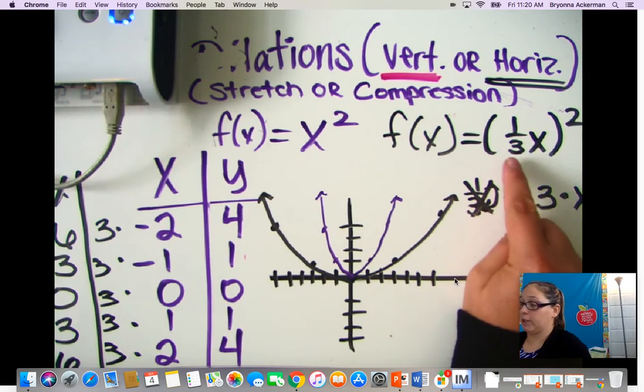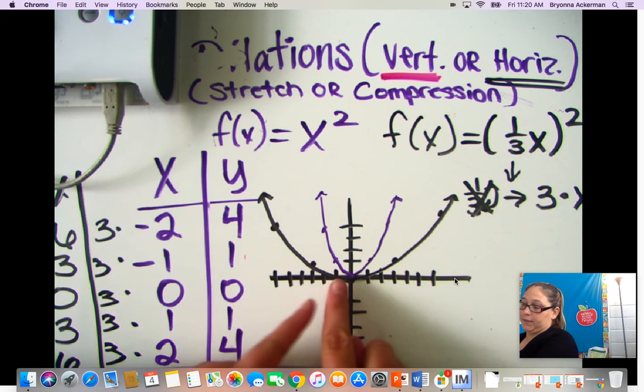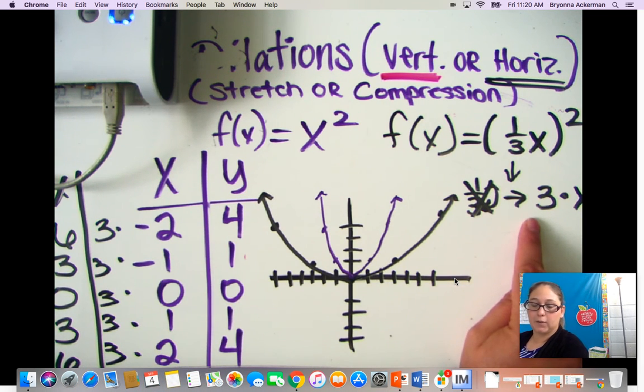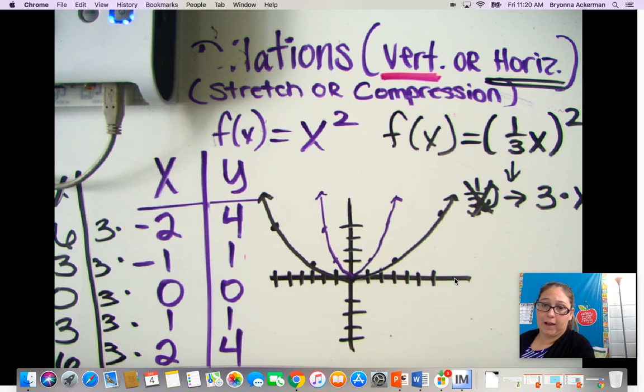So we had discussed when this is a fraction, this gets wider. And the reason is because it's opposite, and so I multiplied all my x values by 3 in this case. All these x values enlarged, but the y value stayed the same, and what that did is it made my graph wider. It's like taking my parabola and pulling it this way.